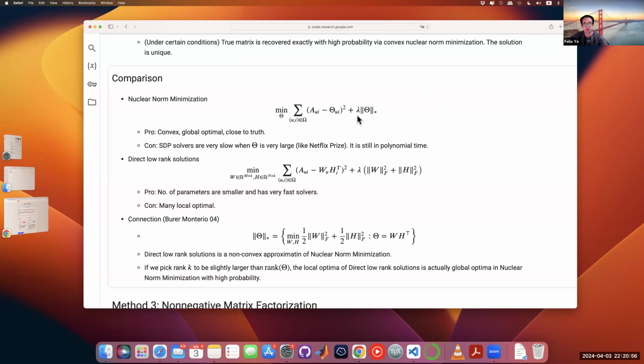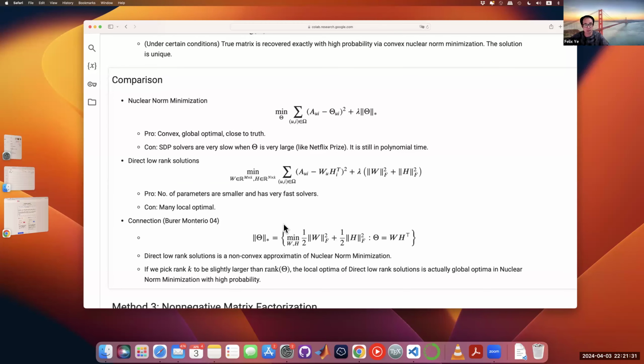This can be very slow if this theta is really large. For example, if you are working with the Netflix prize, that matrix is very big. It's too big, you cannot even save this matrix on your own computer. In that case, this SDP will be very, very slow, although this is still polynomial time. But in general, people don't use that kind of algorithm on such large matrices. So this is basically a simple comparison of these two methods.